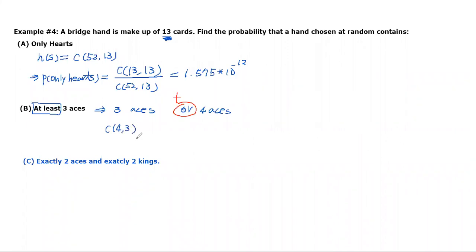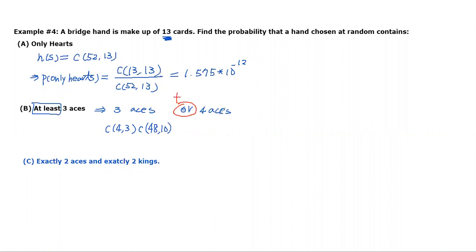The remaining cards, the non-aces, number 48. If I choose 3 aces, how many others do I have? 10, because my bridge hand is 13 cards.